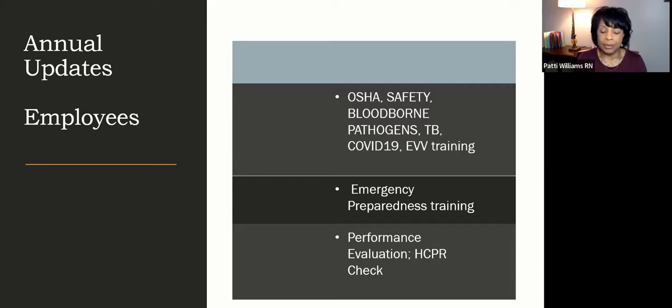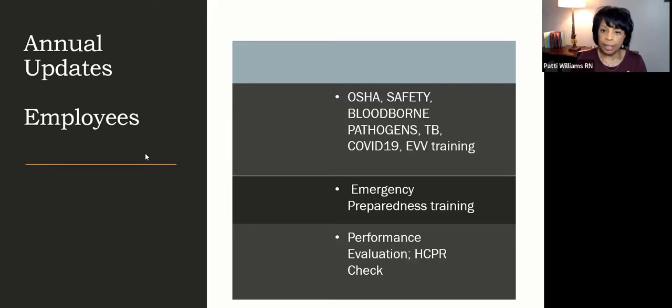So have a way to know when everyone is due and make sure they get a performance evaluation. They're supposed to review it, sign it. That is also a very good time for them to do their OSHA and safety and bloodborne pathogens training. One thing I just thought about on the mandatory training.